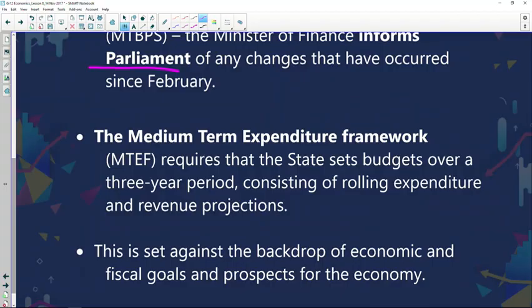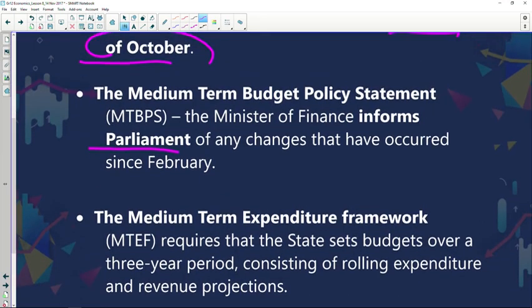Media is allowed to record the session, and then newspaper publications will broadcast the budget, the highlights, what's good, what's bad, how ordinary consumers are going to benefit from the budget, and so on. So that would be the national budget. But if there are any changes that have occurred since February, then the Minister of Finance will inform Parliament during the medium-term budget policy statement.